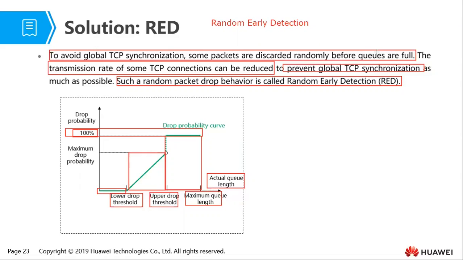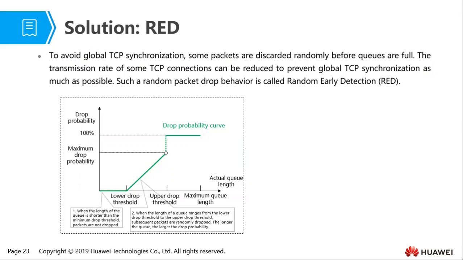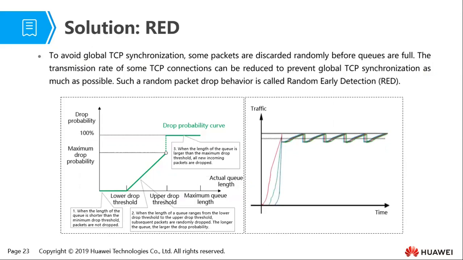I hope that is clear. So what happens here is that because we are using RED to randomly drop some packets, we are able to reduce the effect of TCP global synchronization, and reduce the amount of wastage that we were experiencing before.